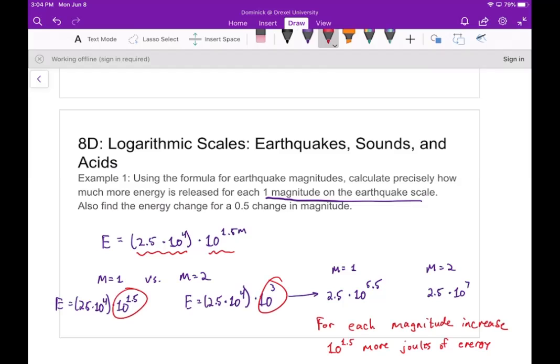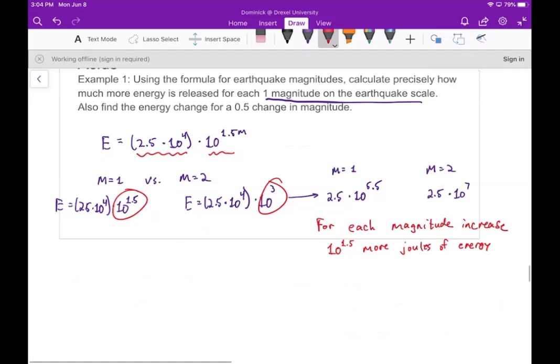So, of course, what is 10 to the 1.5? Well, if we put that into the calculator, it would give you about 31.62. So each time you go up in magnitude, if you round up, it's about 32 times more intense than the previous one.